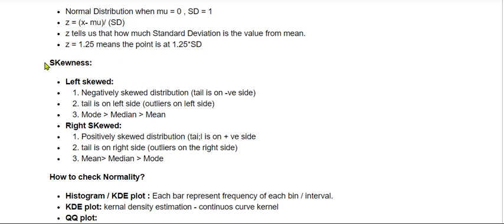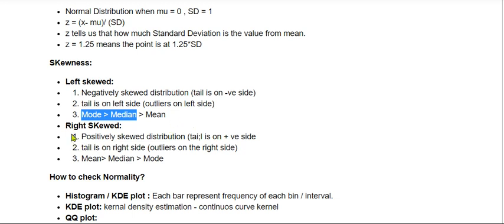Now next one is related to skewness, whether data is left skewed or right skewed. If data is not distributed normally, it may be left skewed, meaning the tail is on the left-hand side. That is also called negatively skewed. The tail is on the left side, meaning there are a lot of outliers on the left-hand side of the curve, and here the mode is greater than the median, which is greater than the mean.